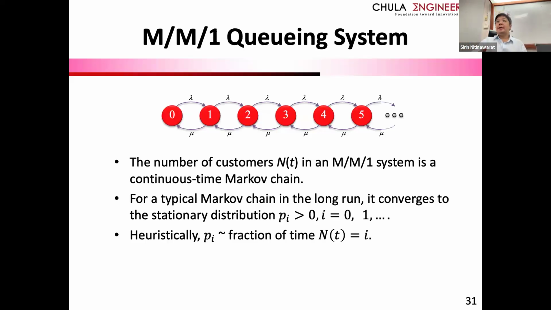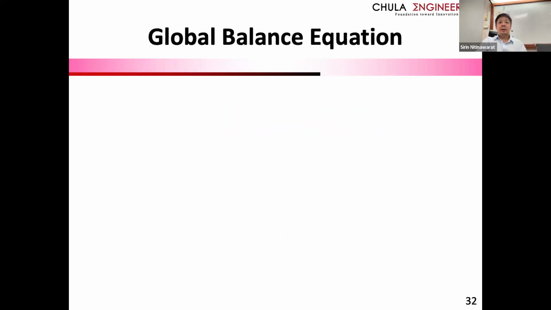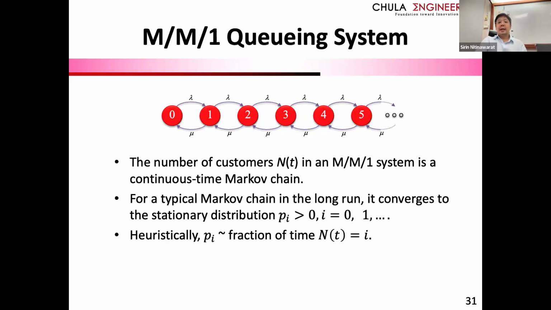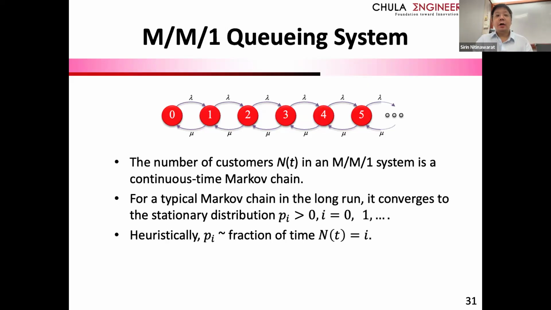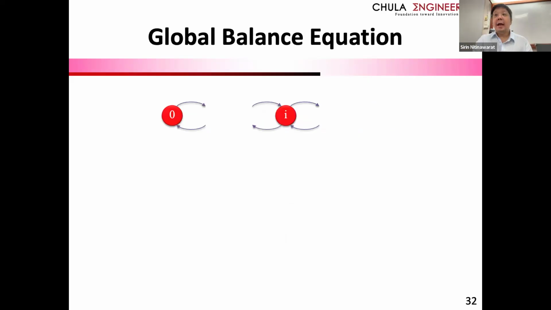So what type of condition should this probability satisfy? There should be some balancing going on, like when you consider certain types of fluid flow. If you consider it for any state, these probabilities should satisfy the global balance equation.